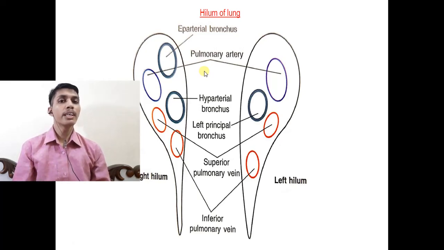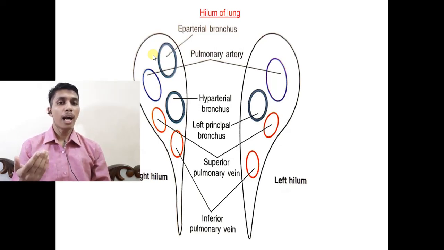One lobar bronchus passes above the pulmonary artery, and that is known as the eparterial bronchus, epi meaning superior or upper.